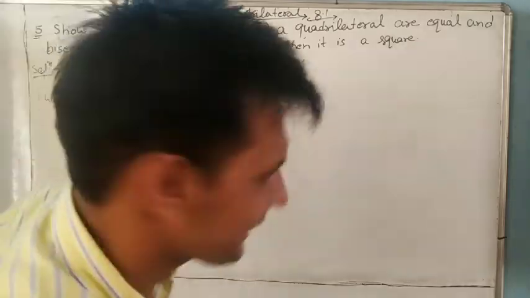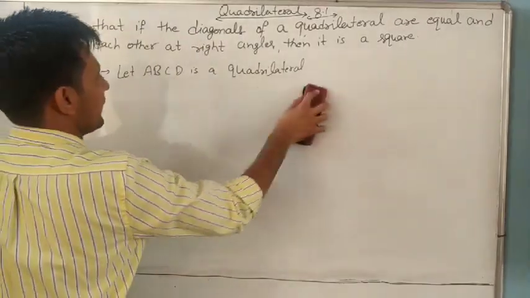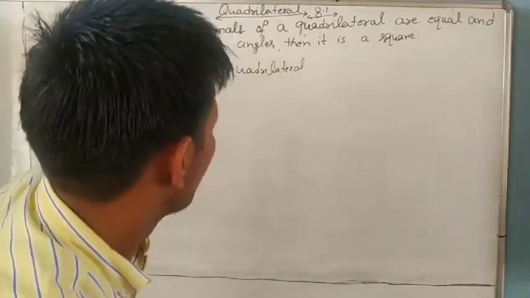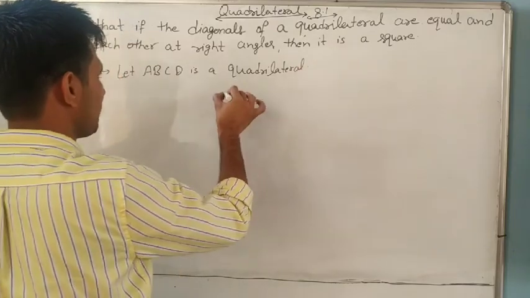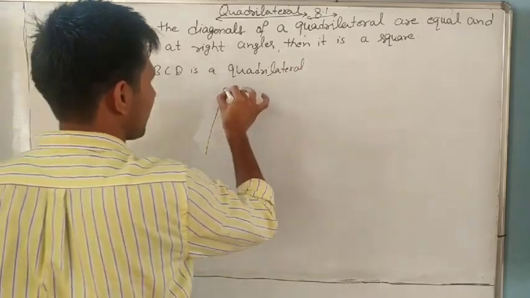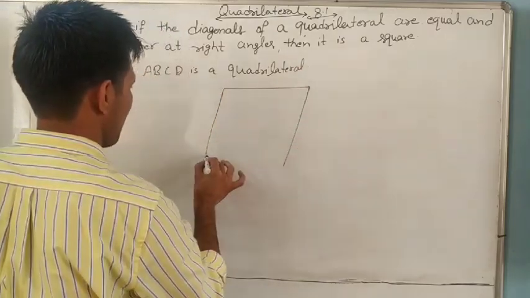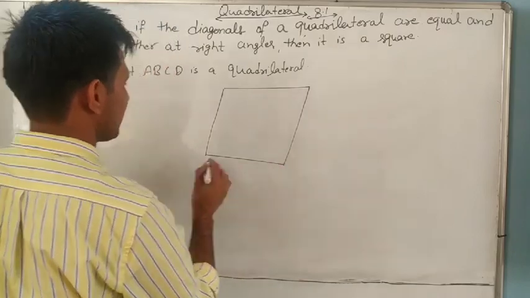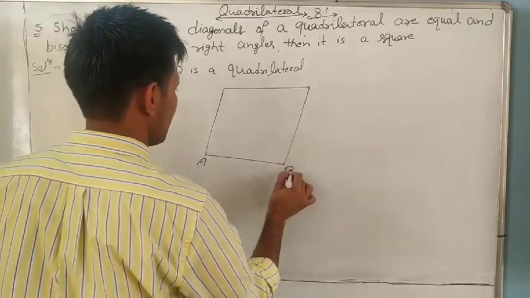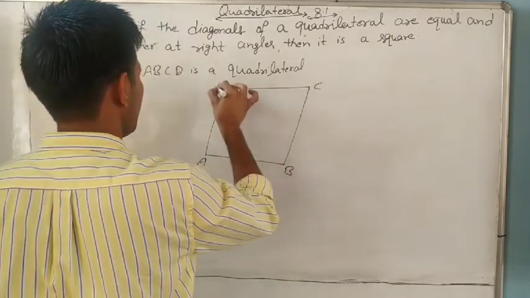Otherwise you can write directly also: ABCD is a quadrilateral. So make the diagram of the quadrilateral, A, B, C, D.